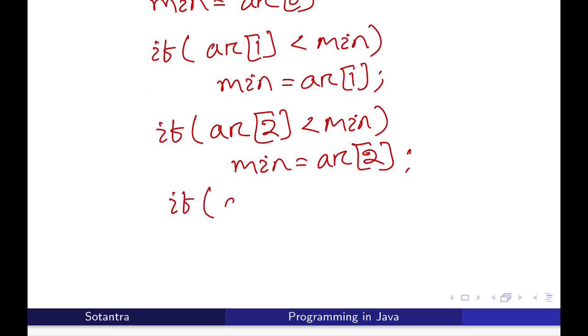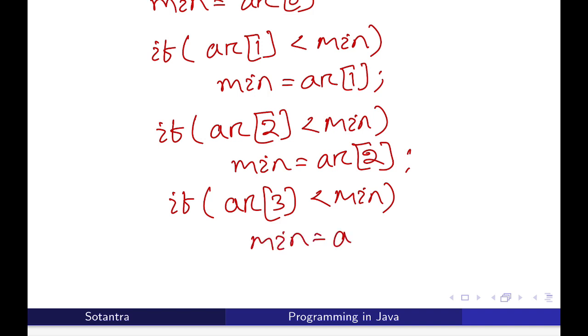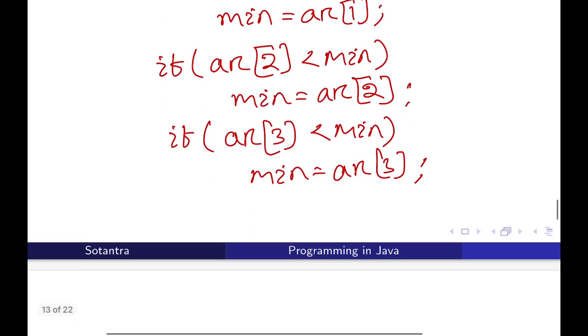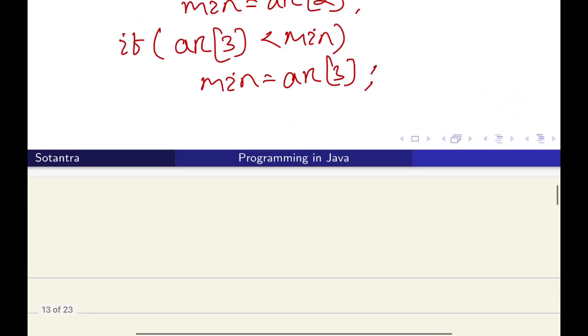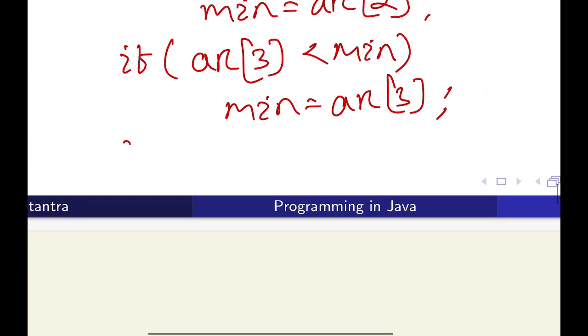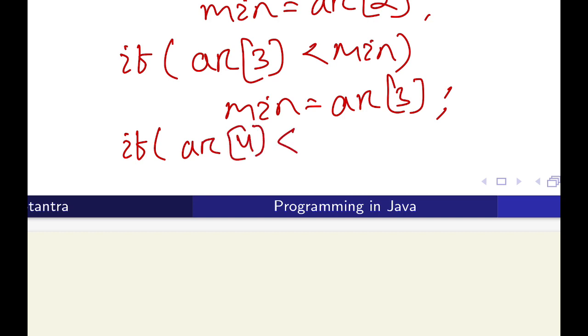Then if arr[3] less than minimum, then minimum equals arr[3], like this we can write. Then again we write if arr[4] less than minimum, we can write minimum equals arr[4].